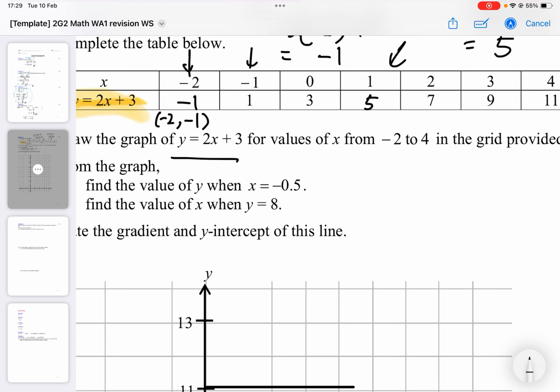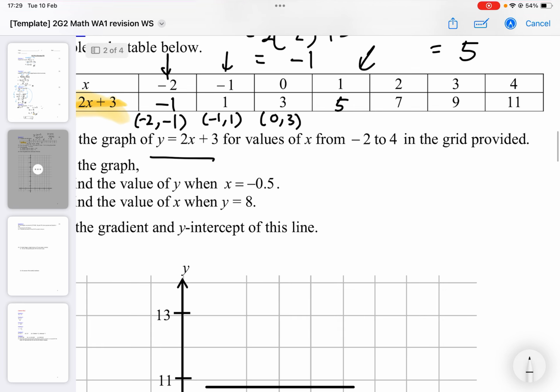Negative 2, negative 1 is the coordinate of the first point. Negative 1, 1 is the coordinate of the second point. 0, 3 is the third coordinate. Then 1, 5. The x is your horizontal, the y is your vertical.